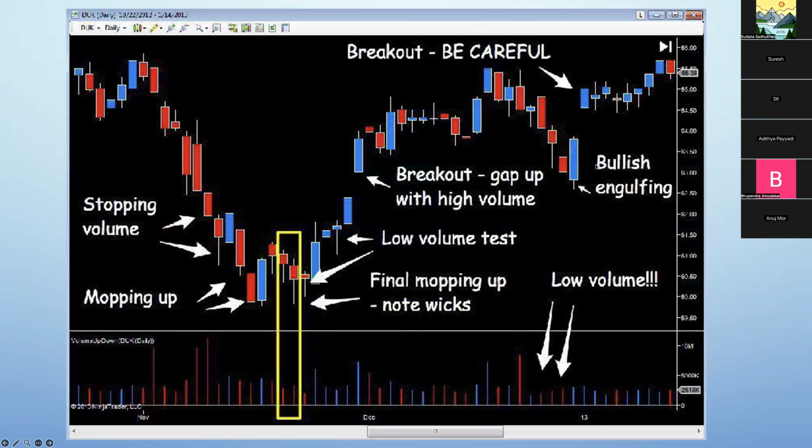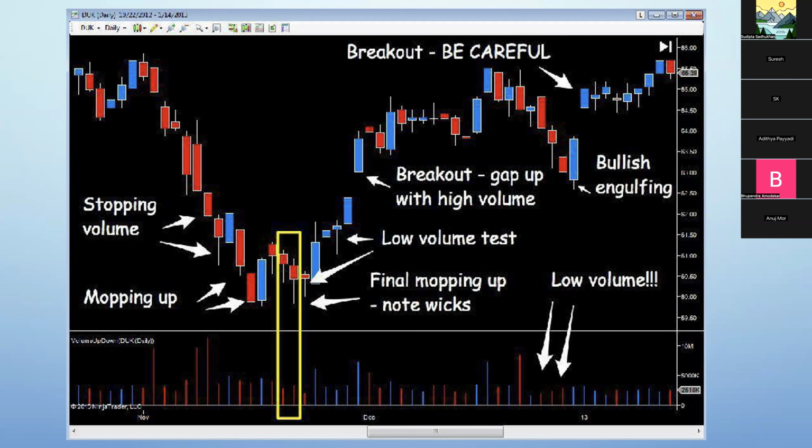In the chart, if you see this accumulation or consolidation phase, what happens once it starts going back down is you see some kind of spike with very large volume. This is called stopping out volume.